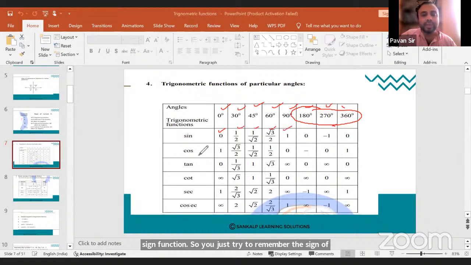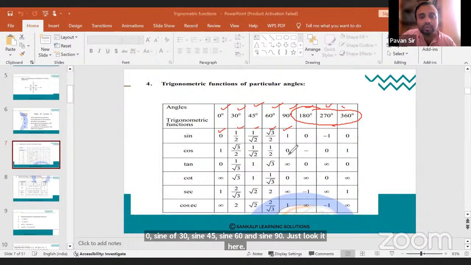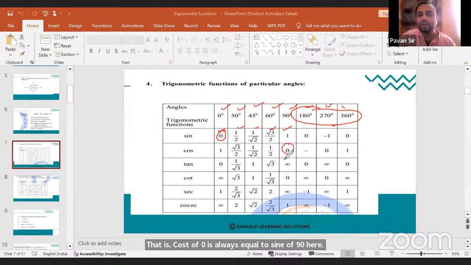Look here: cos of 0 is always equal to sine of 90. Sine of 0 and cos of 90 are both 0. Cos 0 and sine 90 are both equal, cos 0 is 1 and sine 90 is also 1. Now the next function.